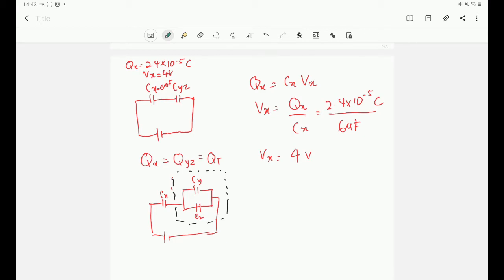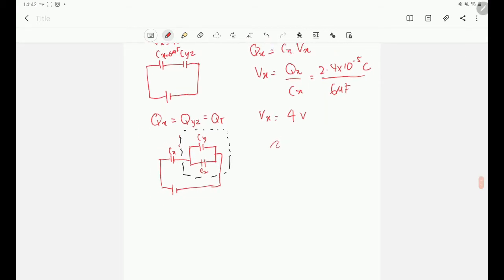Alright, right now what we need to do is we need to find out the VYZ first. Why we need to find the VYZ? Because Cy and Cz are parallel, so we need to find it first.